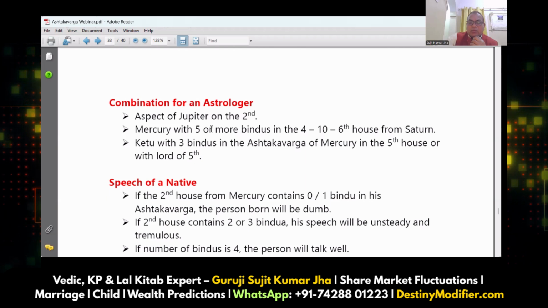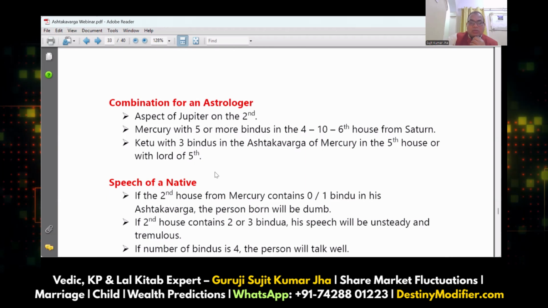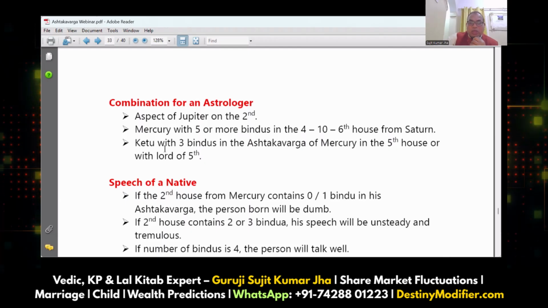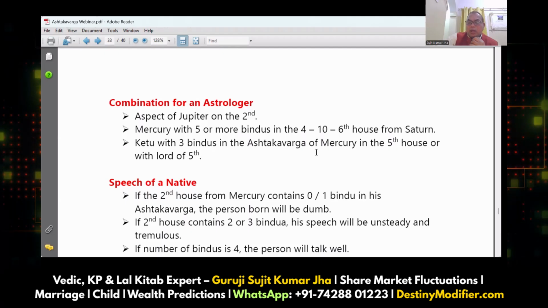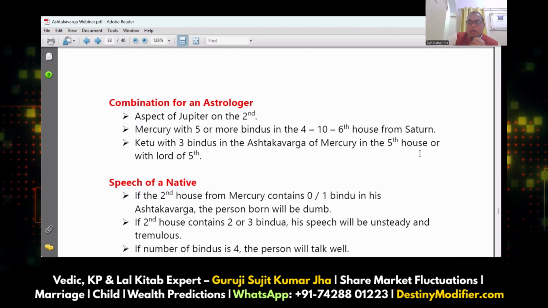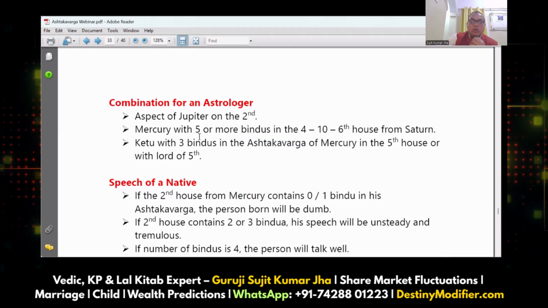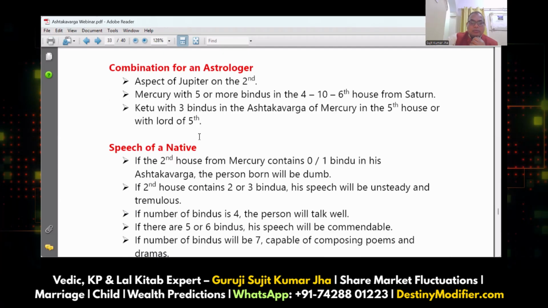If Mercury has more than 5 bindu in these houses, we can say he becomes an astrologer. Or the third condition, if Ketu has 3 bindu in the Ashtakavarga of Mercury in the 5th house or with the lord of the 5th, then also the person can become a good astrologer.